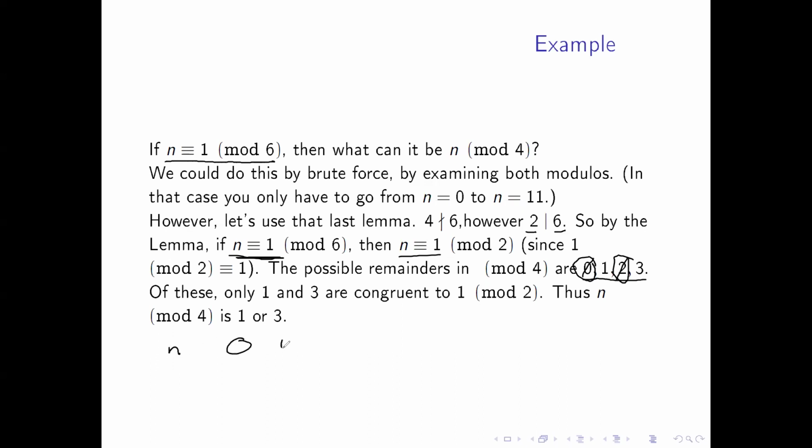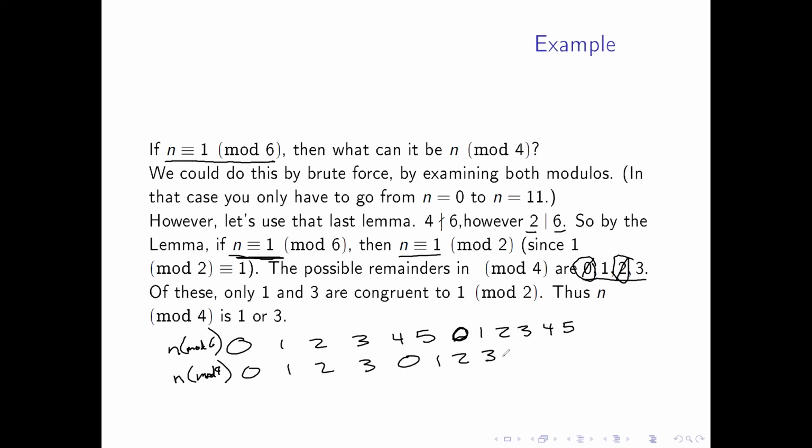Here's my n value: 0, 1, 2, 3, 4, 5, 6, and then 1, 2, 3, 4, 5. So this is the first 12, and this is n mod 6, and n mod 4 would start off at 0, and you go 1, 2, 3, 0, 1, 2, 3, 0, 1, 2, 3.